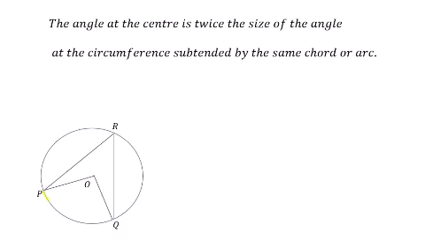And this arc is subtending this angle as well as this angle, right? So if this angle is x, then this will be equal to your 2x. So that's what we mean when we say the angle at the center is twice the size of the angle at the circumference subtended by the same chord or same arc.